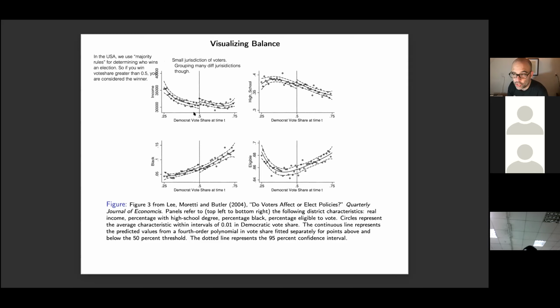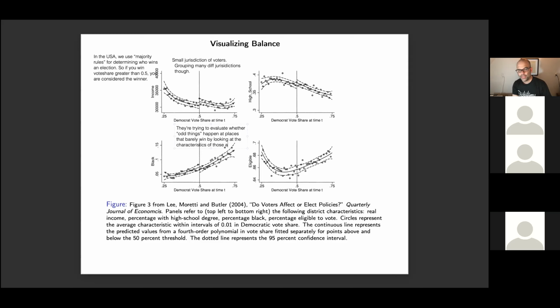They're going to use close elections as their identification in this study. They're trying to evaluate whether odd things happen at places that barely win by looking at the characteristics of those areas.